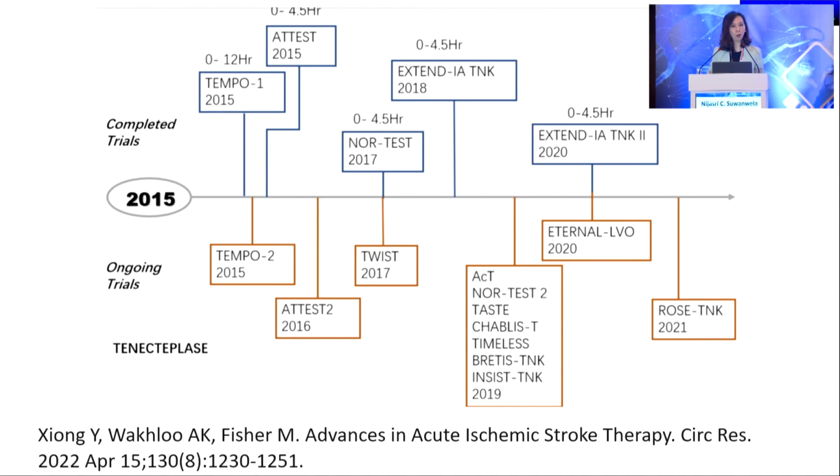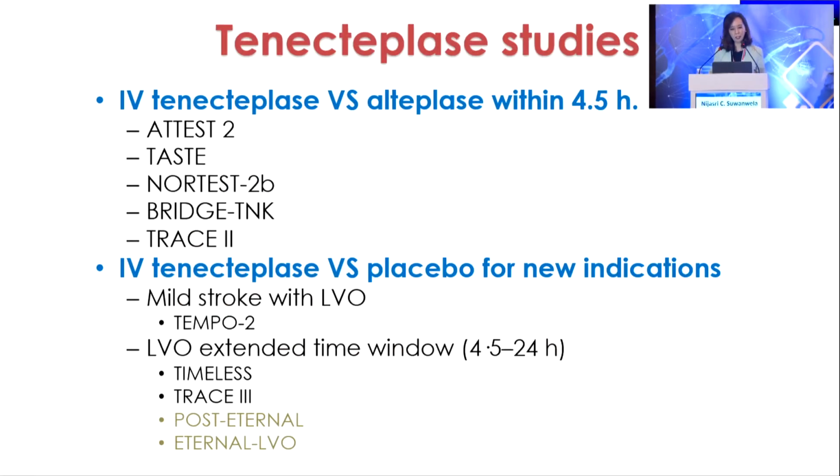So it's been there for a while, and there are so many clinical trials on tenecteplase starting from 2015. And just want to summarize that the initial studies were the ones using tenecteplase compared to alteplase or the standard rtPA within 4.5 hours. And the newer ones would be focusing more on the new indications.